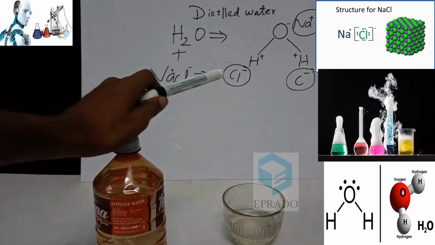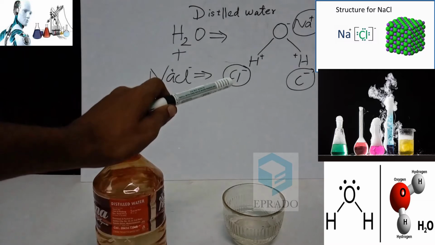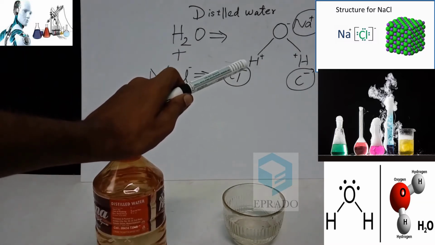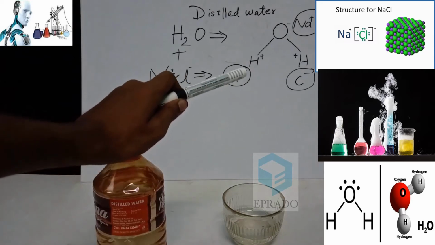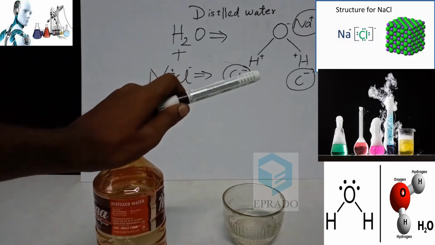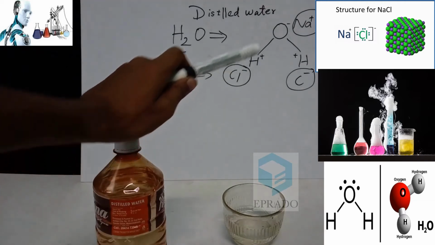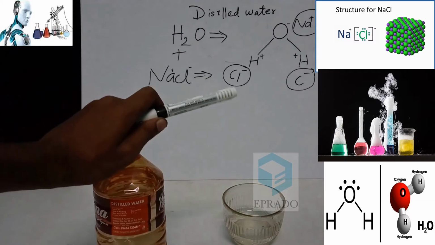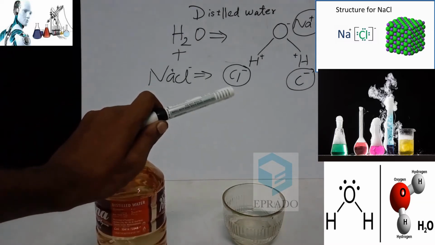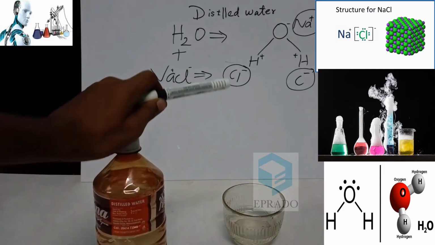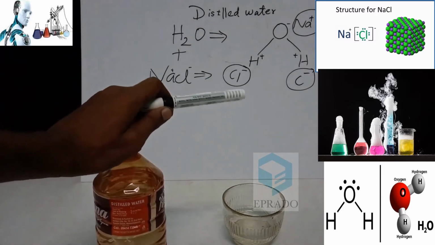Then the negatively charged chloride atoms are attracted towards the positively charged hydrogen atoms and they make a bond. So sodium and chloride are separated, forming a solution of sodium chloride.